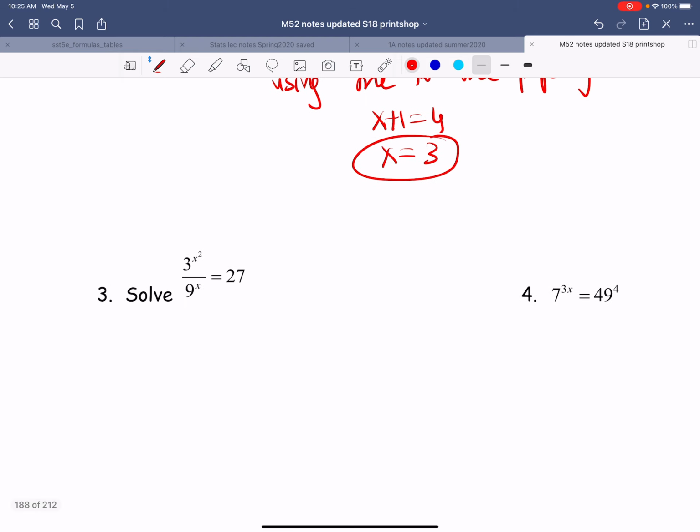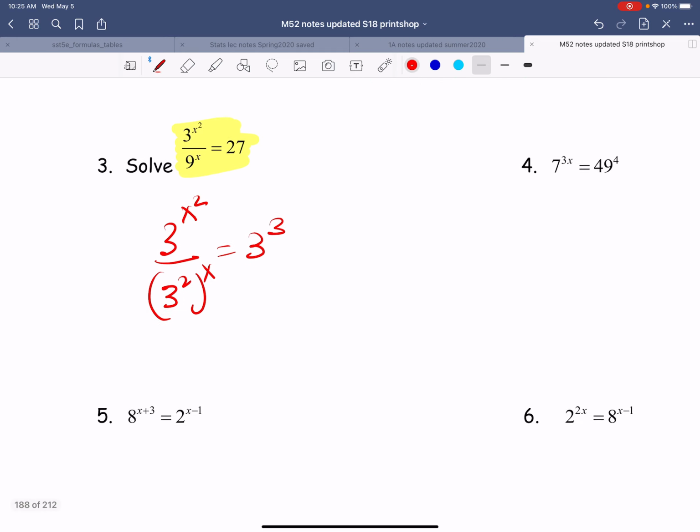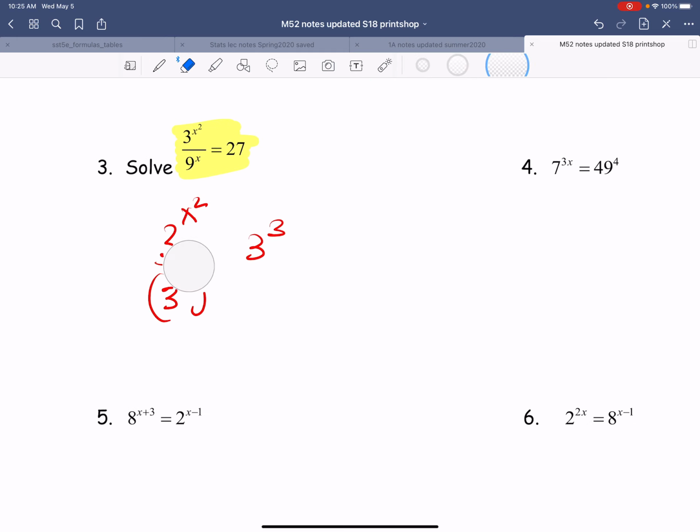The next example looks like a little bit more work. Example number 3, because I do have things going on in the numerator and denominator. So let me go ahead and write this. I'm going to try to write everything with the same base on both sides. So here, what's going to happen between these two exponents? They are 3 to the second power to the power x.